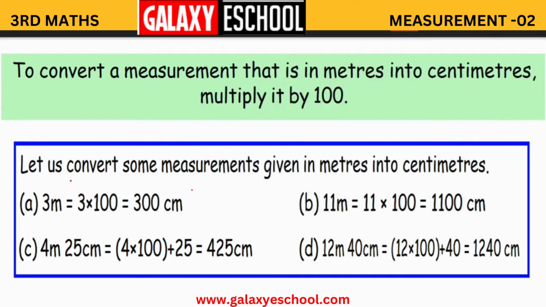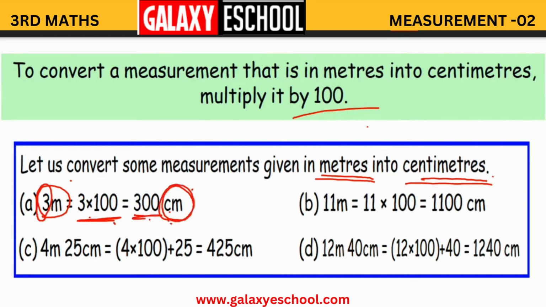Now let us convert some measurements given in meters into centimeters. We are having some examples here. 3 meters. Again, what are we doing here? Converting meters into centimeters. Just now we have learned to convert meters into centimeters. We simply have to multiply by 100. So 3 meters is nothing but 3 into 100. The answer would be 300. And what is the unit now? The unit of measurement is centimeters.